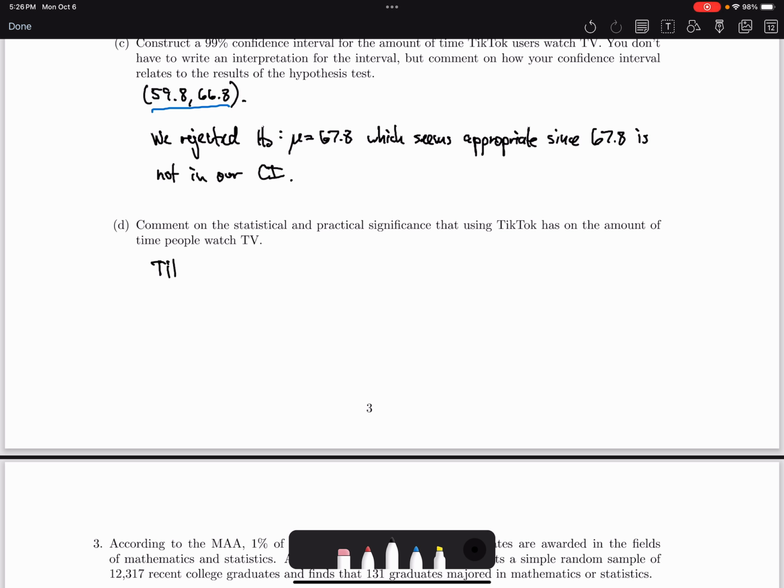TikTok users spend statistically significantly less time watching TV.